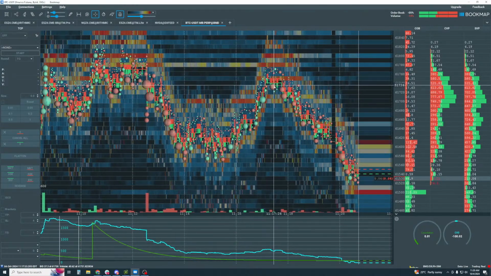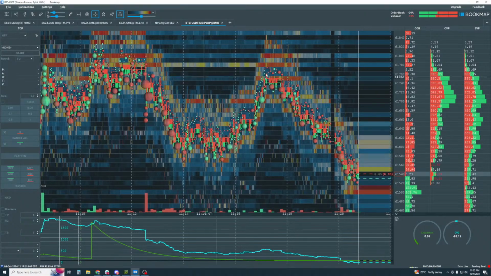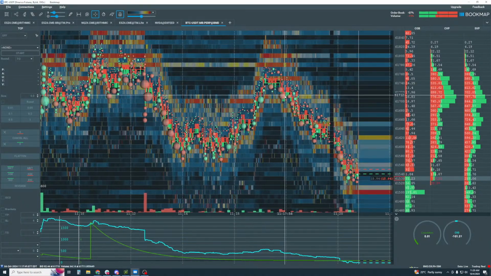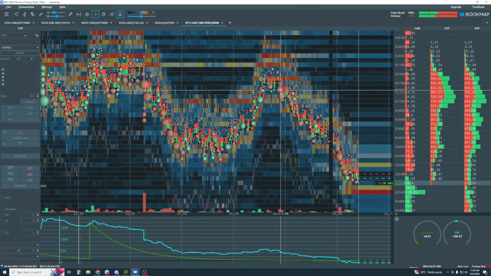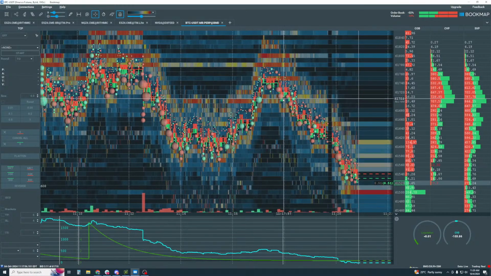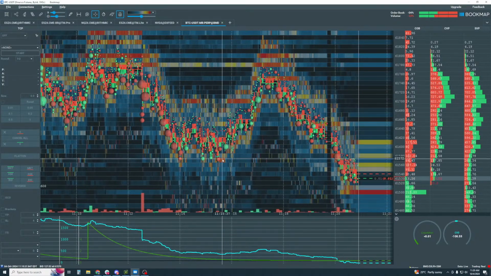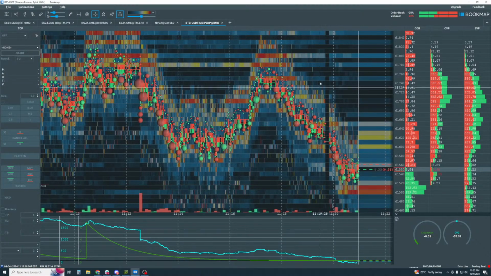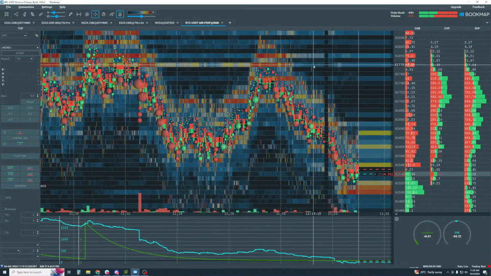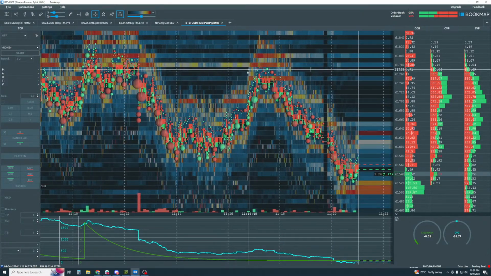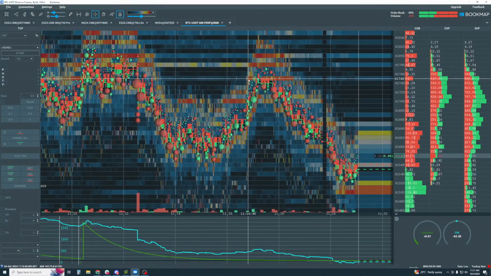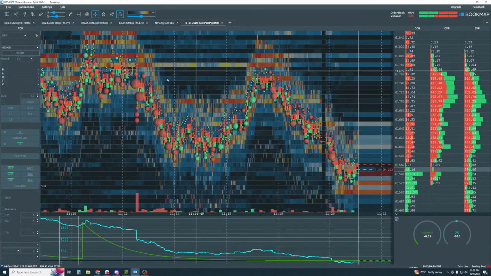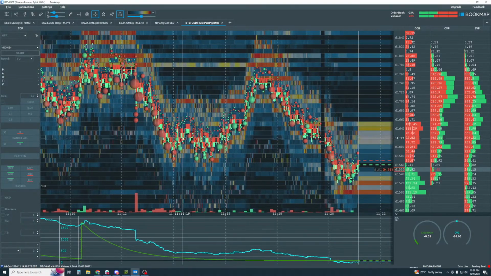Because if the sellers remain in control in here, and in this case they did, you can see them kind of curl back in right in here, and you look for them to trade it back down to the bottom of the swing, and maybe they can trend trade through it and continue on. There's not a whole lot of demand in here to move it after this heavy selling.